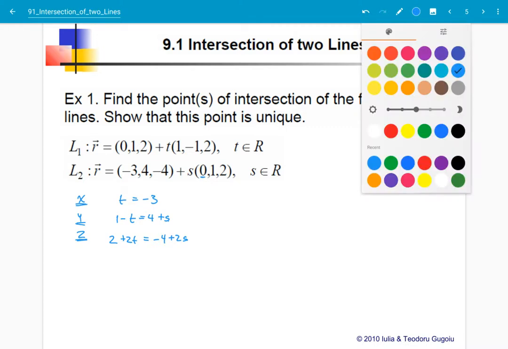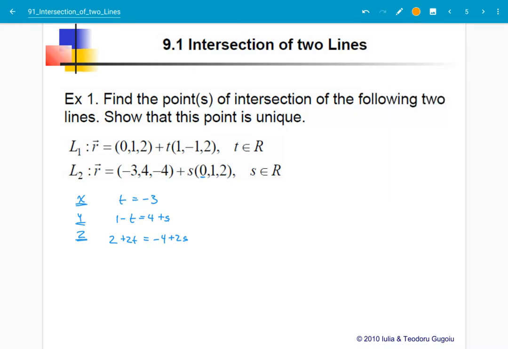Now, because it simplified out so nicely, this is going to be relatively easy. Equations 1, 2, and 3. I'm going to sub from equation 1 into 2. I get 1 minus, just watch your signs, 4 plus s, and I have s is equal to 0. I want to check with the other equation though.